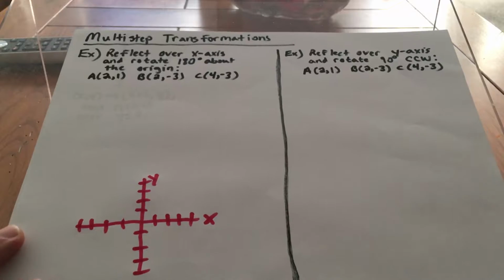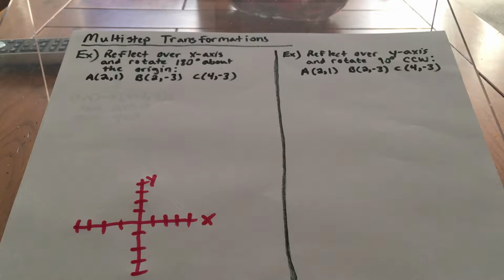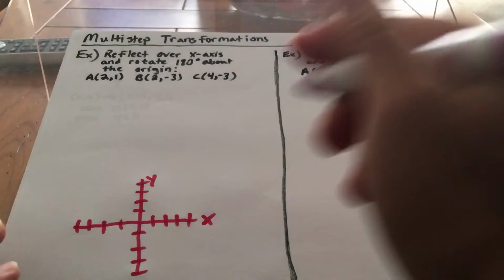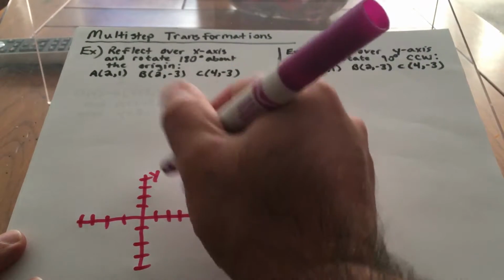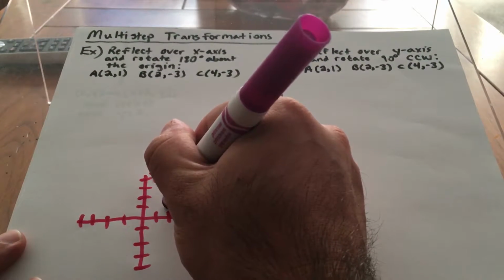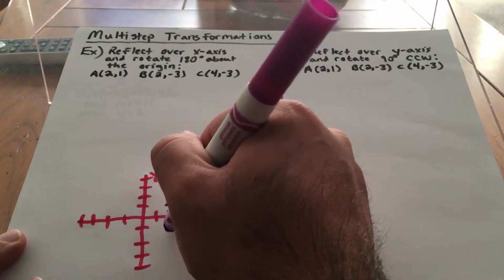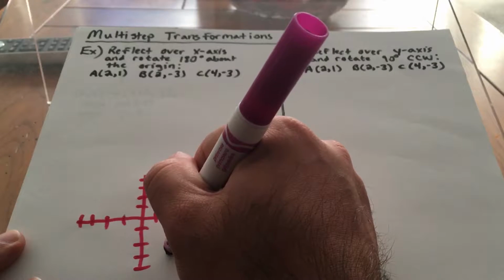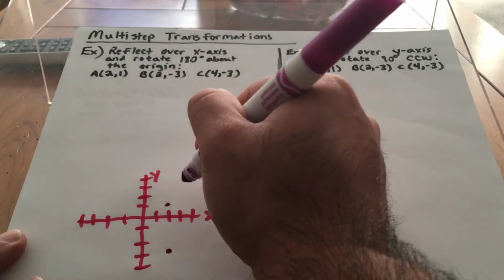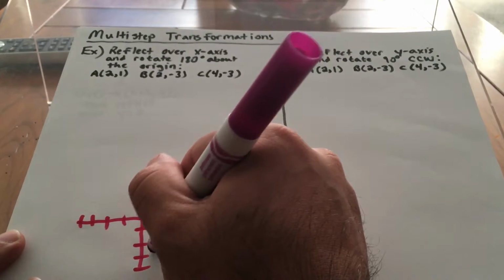Our first point A is at the point 2, 1. So we've got to come over 2 and up 1. So here's A. B is at 2, negative 3. So we come right 2 and down 3. So here's A, here's B.